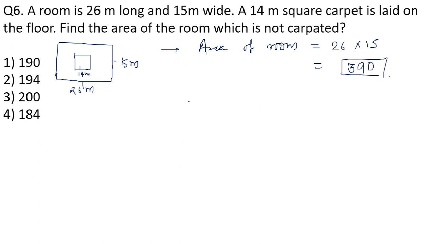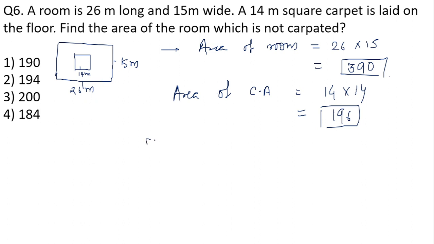Next is the area of the square, or the area of the carpeted area, you can say. 14 square, 14 into 14, this will give me 196. So what we have to find is the area of the non-carpeted region, that is the total area of the room minus the carpeted region, that is 390 minus 196.